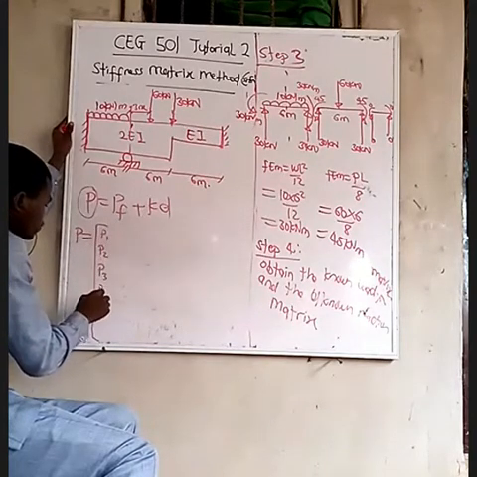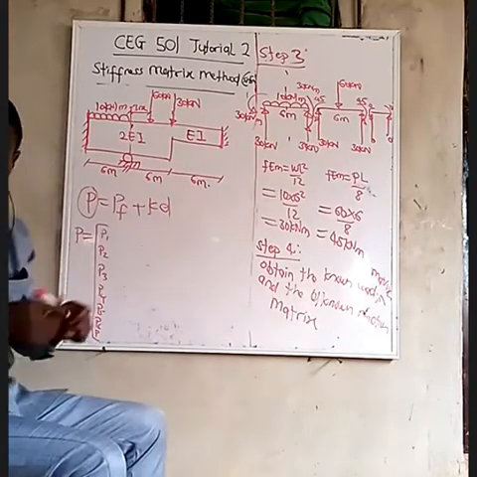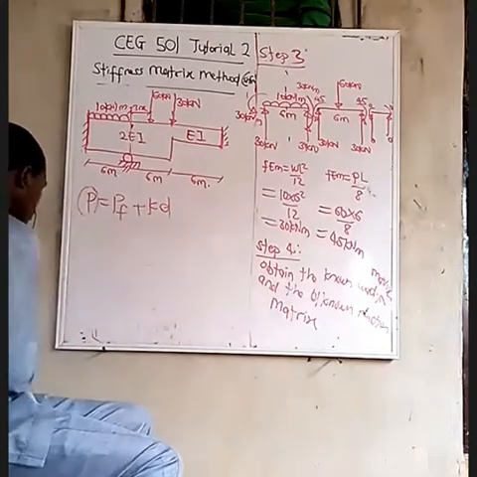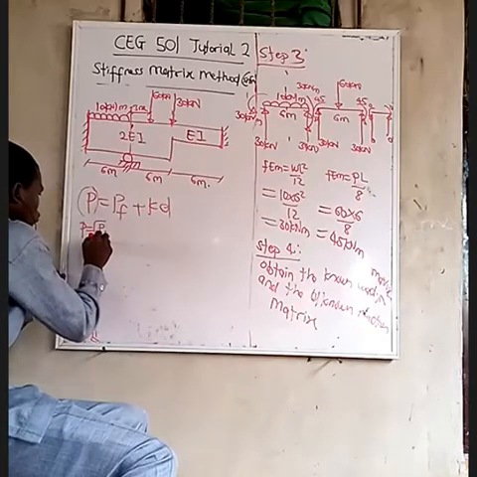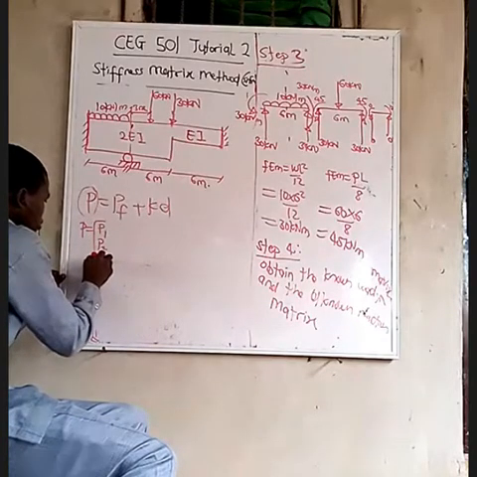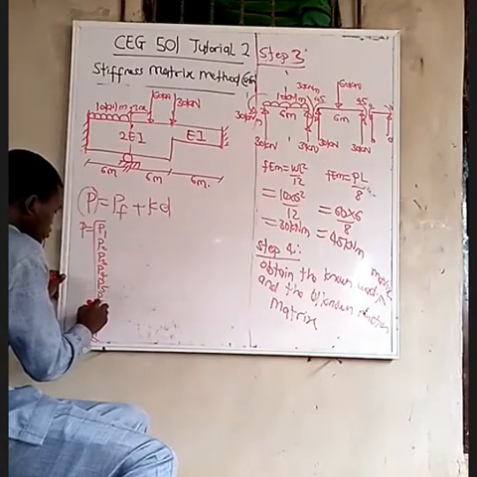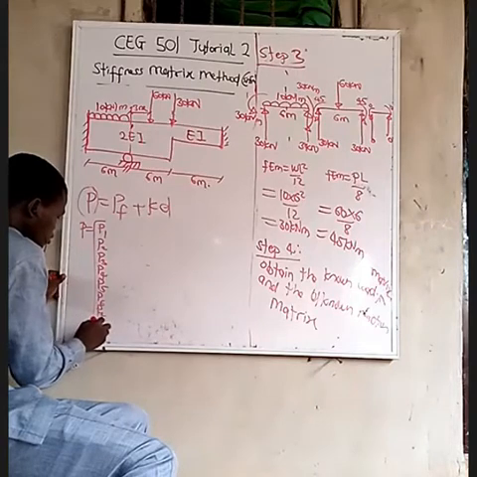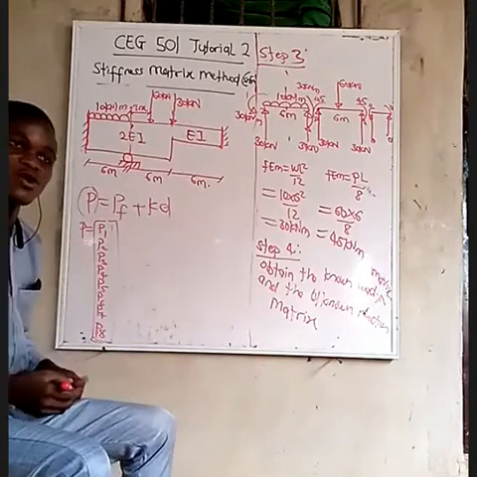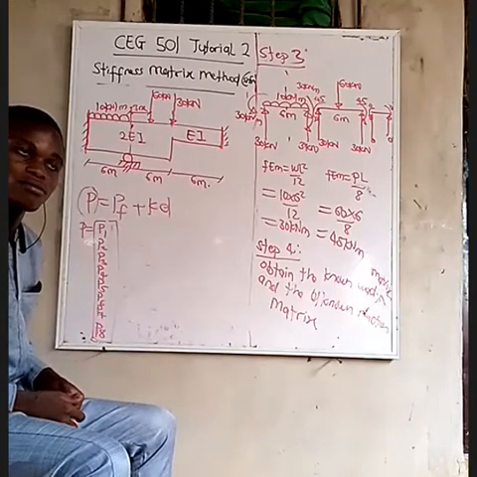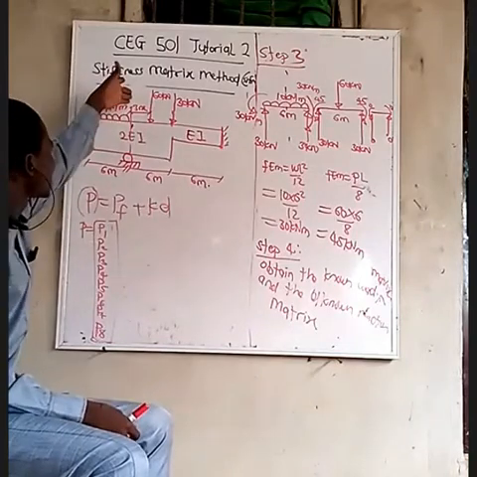So if we go by that, our P will be equal to P1, P2, P3, P4, P5, P6, P7, and P8. Now, this node here, it doesn't only refer, oh yes, it does.